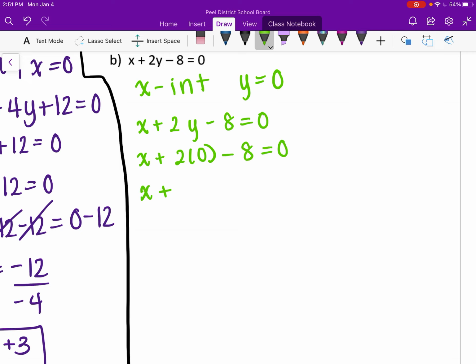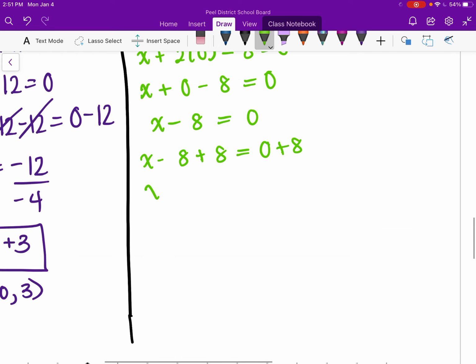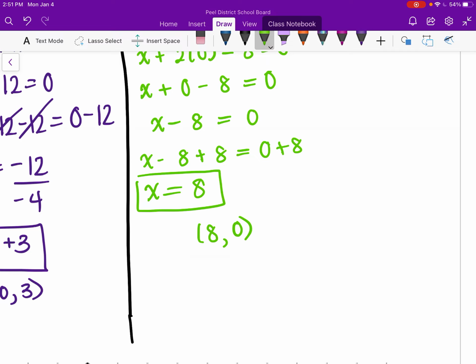X plus 0 minus 8 equals 0. X minus 8 equals 0, right? I want to get the 8 and move it to the other side, so I'm going to add 8 on both sides. 0 plus 8 is x, so that means that my x-intercept is 8 and my y is 0, right?